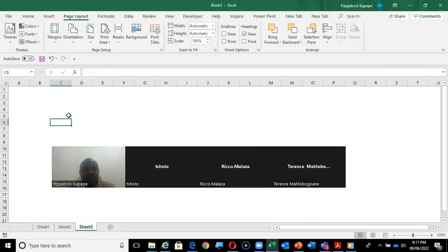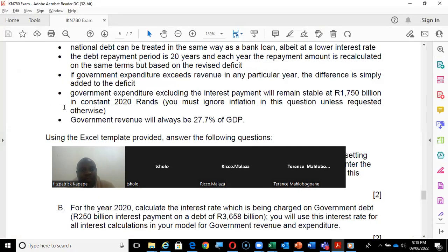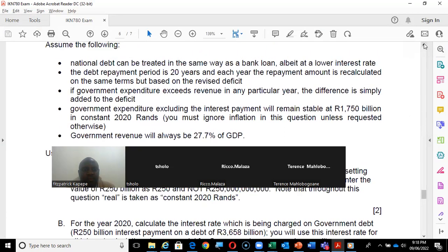Okay. So we'll start with assumptions. As a financial modeler, what is most important for me is assumptions. Once we know our assumptions and understand them, then we can model anything. So go up there.